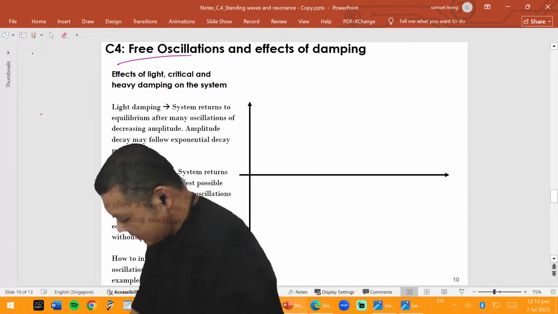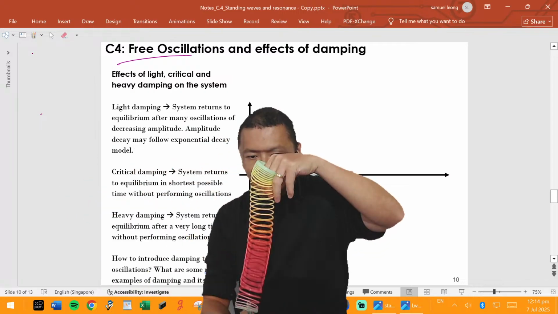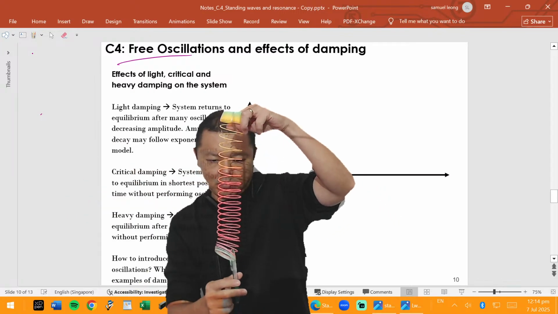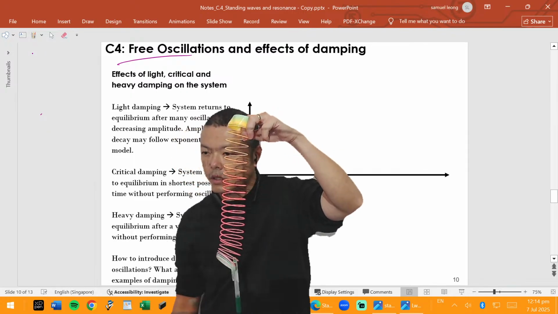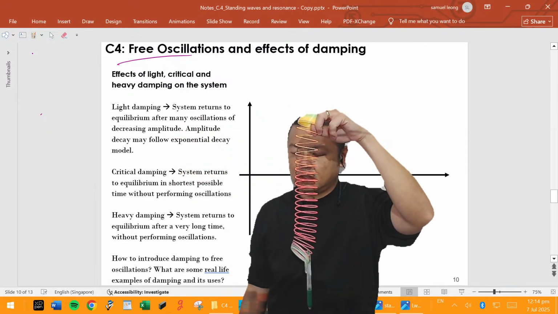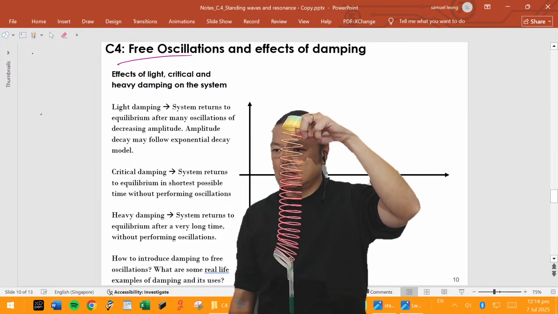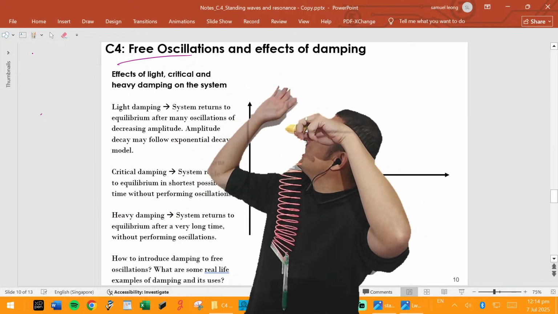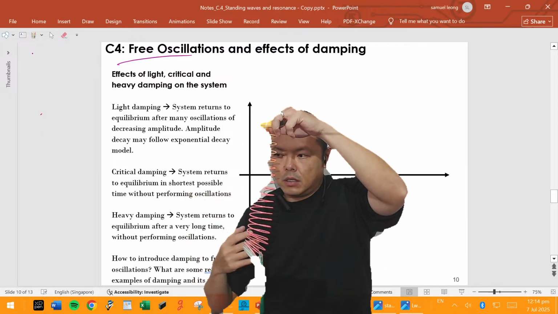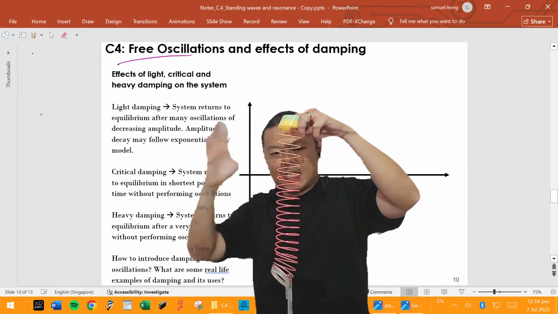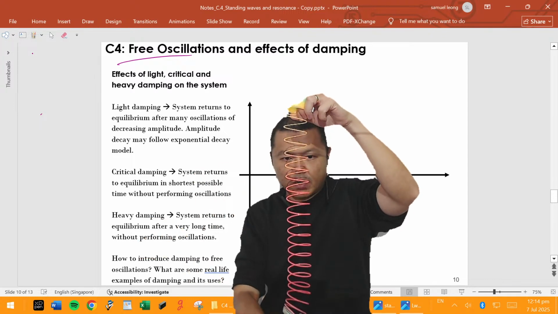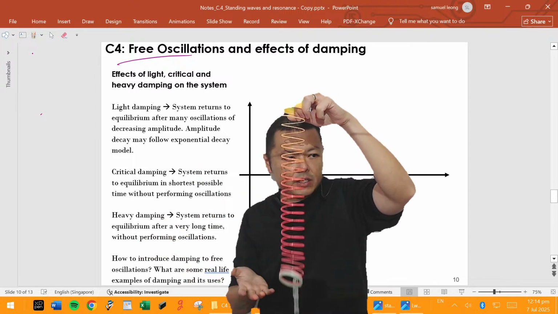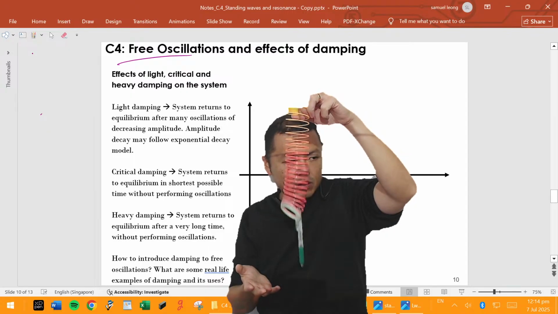Okay, firstly, how do you damp this oscillation? Use air. So there's air, right? The idea here is this: in the real world, when you have an oscillation, eventually this oscillation will slow down.